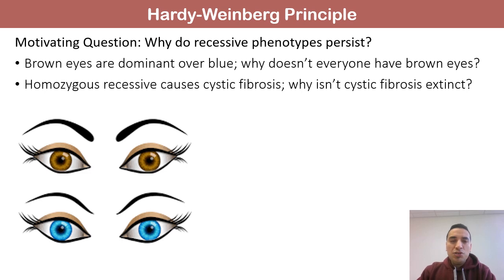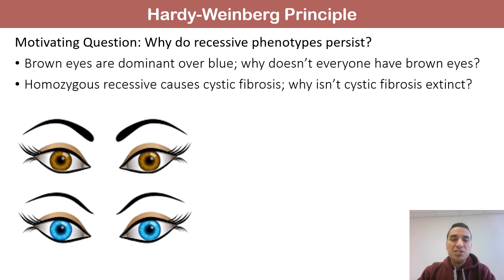The motivating question for this is: why do recessive phenotypes persist? Remember, in an earlier lecture, we said that brown eyes are dominant over blue. So why doesn't everyone have brown eyes eventually? If brown eyes are dominant, eventually blue eyes should just go extinct, right? Why doesn't that happen?